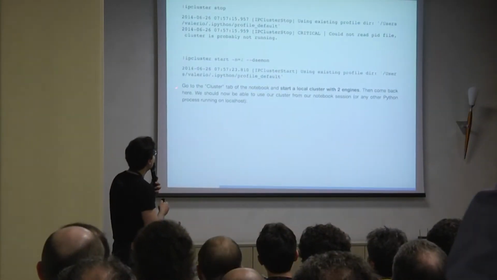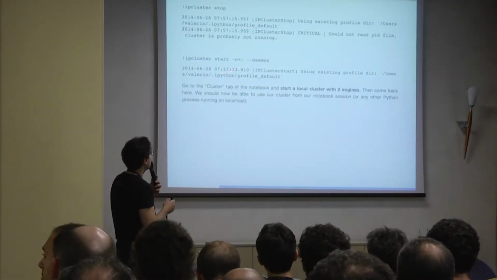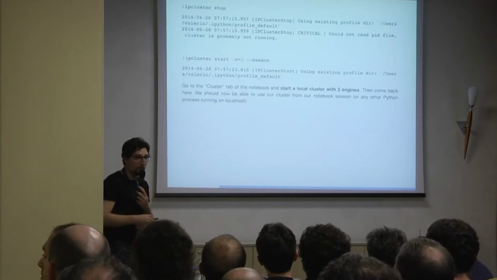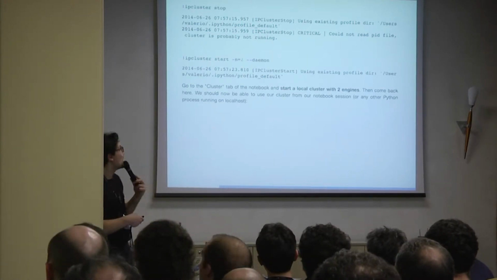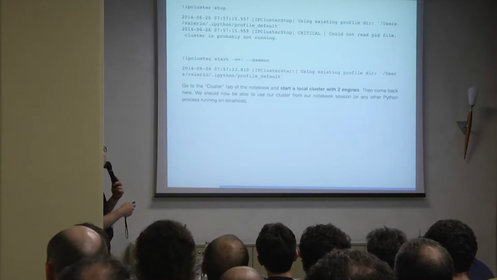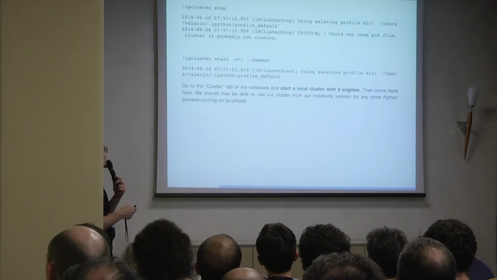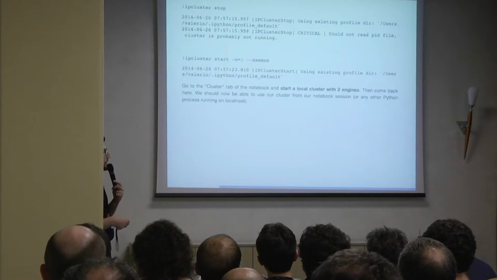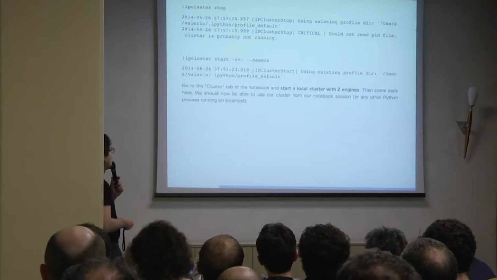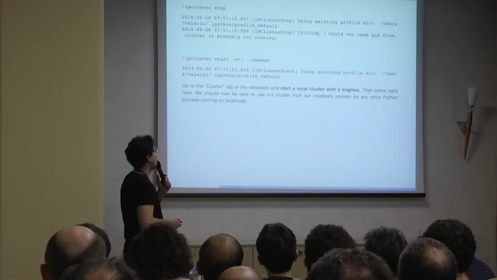In fact, in case we are running in an IPython notebook, we will have a cluster tab that indicates that we currently have a single local cluster with two engines running in the background, waiting for our parallel processing.